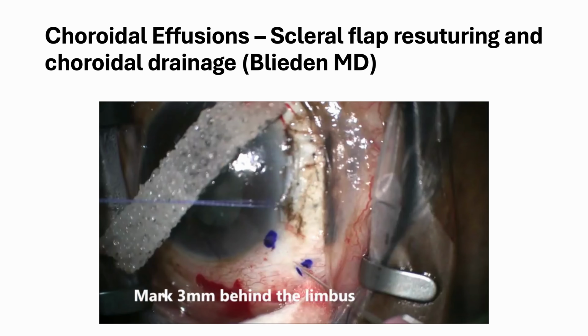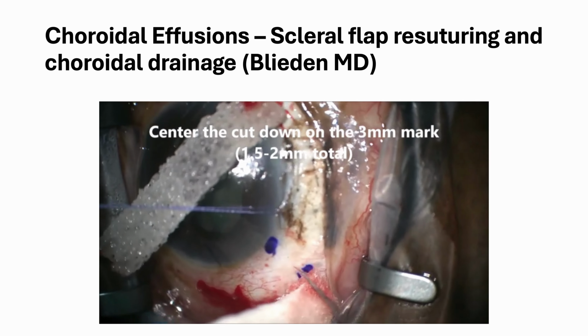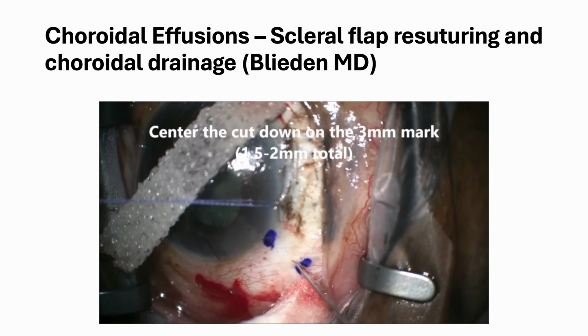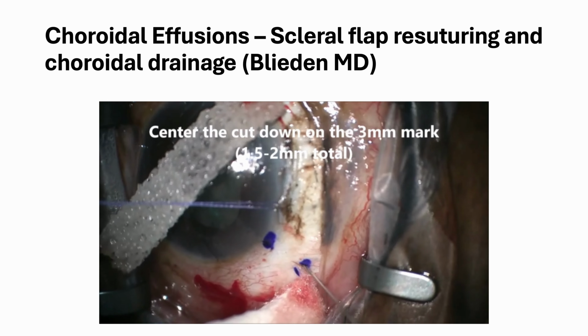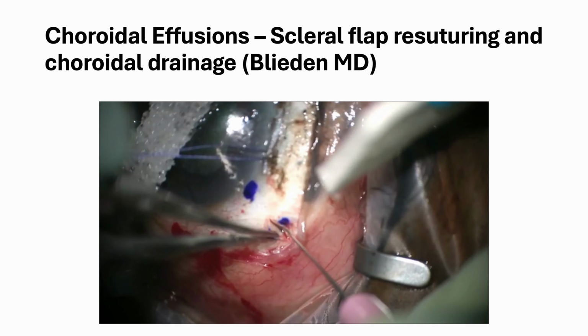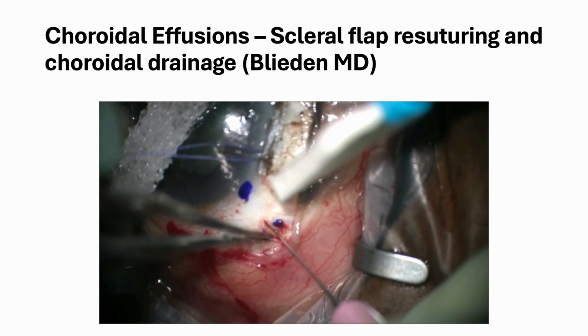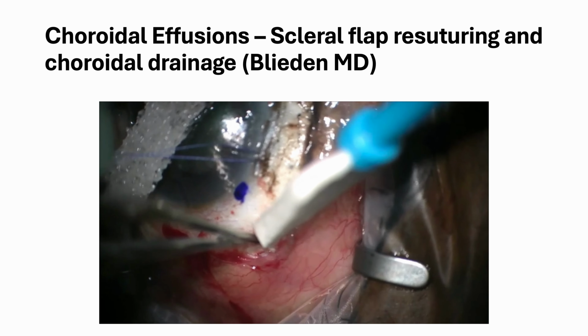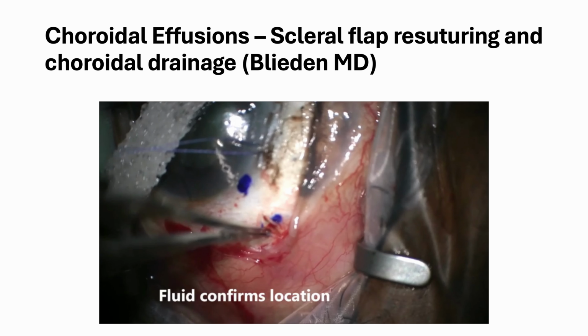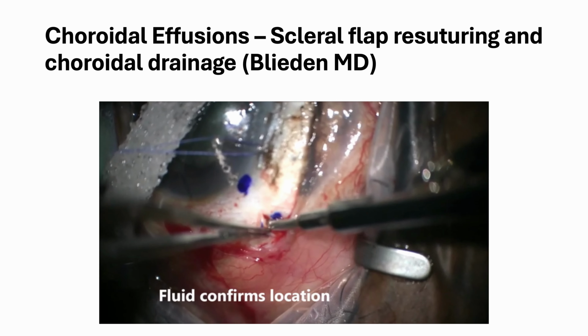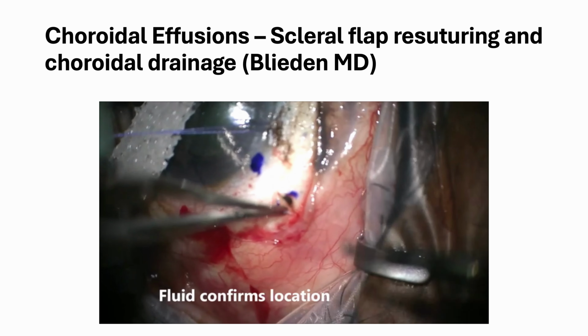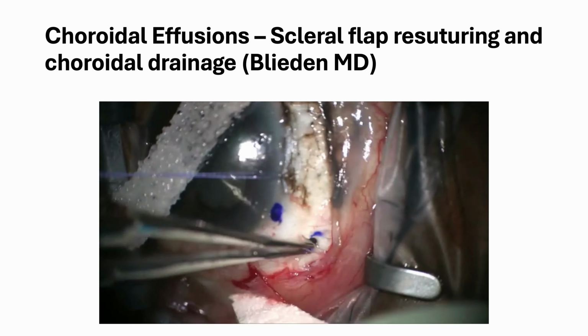The sclera is marked 3 mm posterior to the limbus, and a perpendicular incision is made in the sclera. When a full thickness incision occurs, yellowish fluid will egress, confirming that the incision is in the proper location.